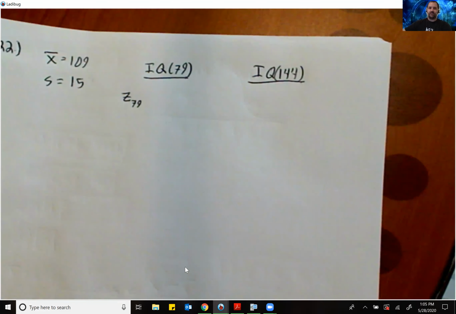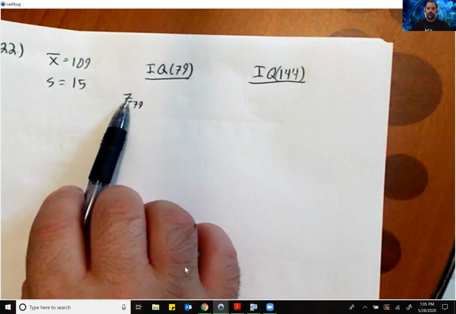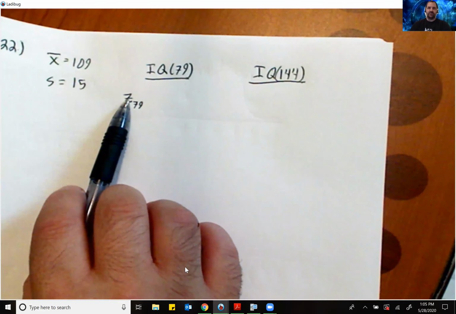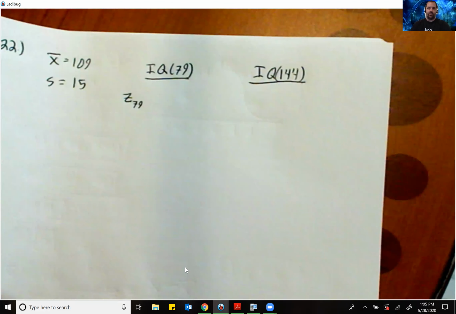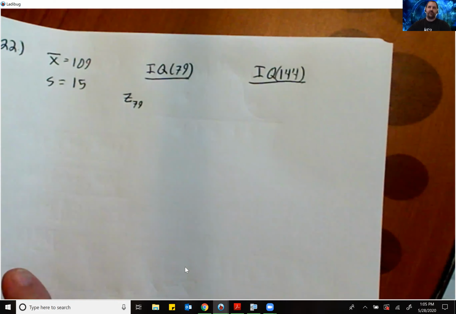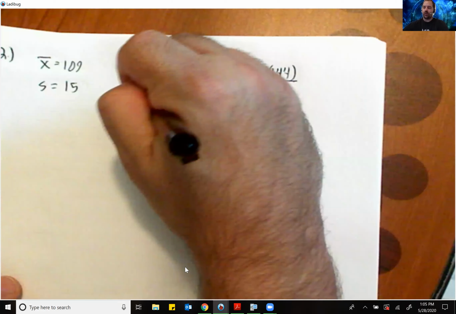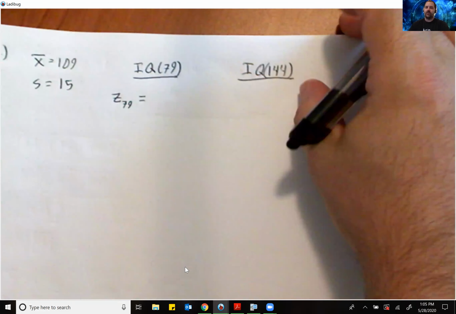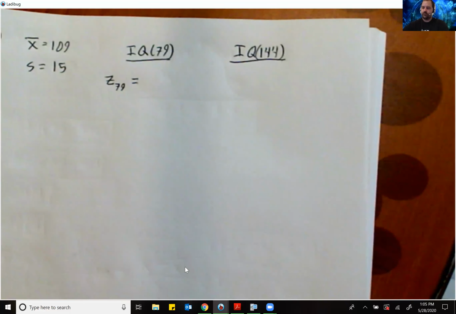Z-scores are all about how far you are from the mean. The lower your z-score, the closer you are to the mean, the less unusual you are. The higher the z-score, the further you are away from the mean. So if we find the z-score, whoever has the highest is the more unusual.